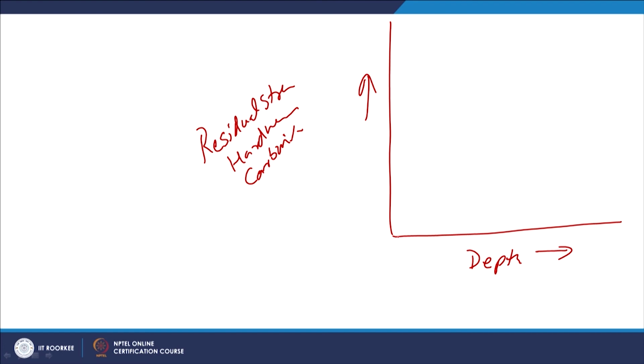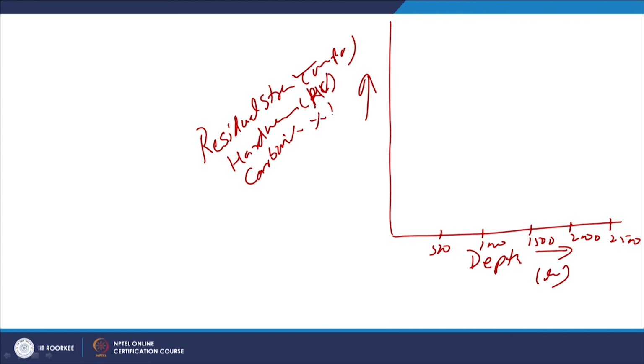On the x axis is increasing depth, like 500 micrometers, 1000, 1500, 2000 and 2500 micrometers, that is 0.5, 1.5 to 2.5 mm. So depth in micrometers, and in the y axis we have residual stresses in MPa, the hardness in terms of HV, Vickers hardness, and the carbon content in weight percentage.